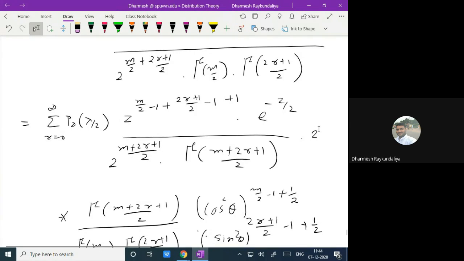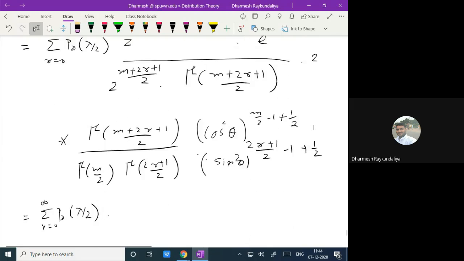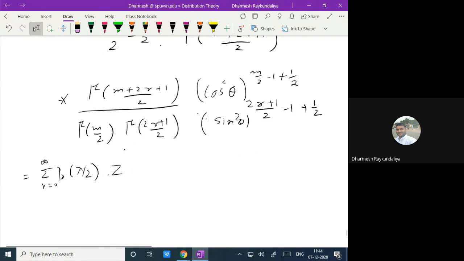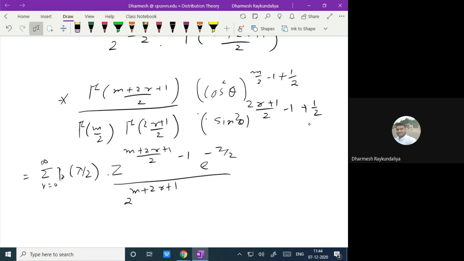This minus 1 will cancel out this plus 1. So these cancel out. So it is nothing but m plus 2r plus 1 by 2 minus 1, e raised to minus z by 2 divided by 2 raised to (m plus 2r plus 1)/2, into gamma of (m plus 2r plus 1)/2.